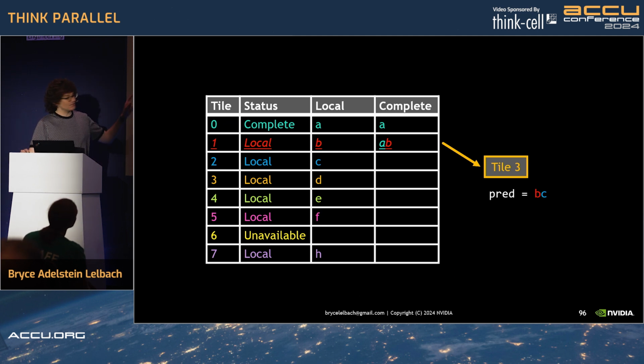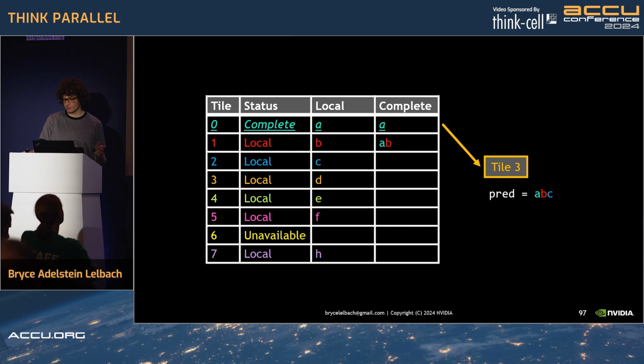Notice that tile 1 has actually written its complete prefix, but we haven't observed the store release that changes the state yet. So we can't use it, because we don't have that coherent view of memory. This may have happened temporally in the other thread. It may have already happened, but it doesn't mean that we've observed it happening yet. So we can't use that information. Instead, we just sum its local prefix into our predecessor prefix and continue instead of having to wait.